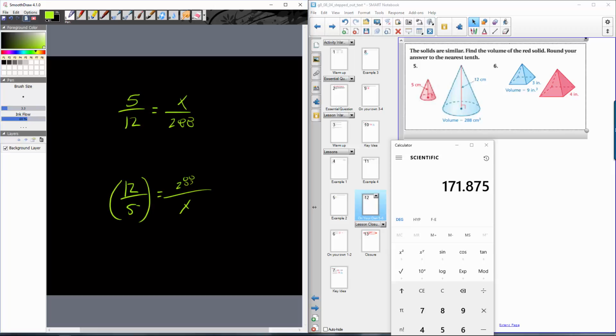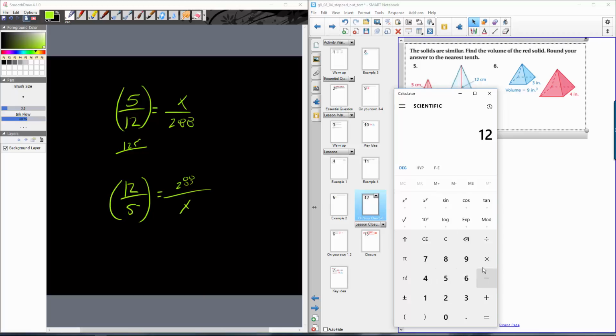I then have to cube both of these things, right? So this right here is 125 over 12 to the third power. So 12 times 12 times 12. So I get 1728 equals x over 288.